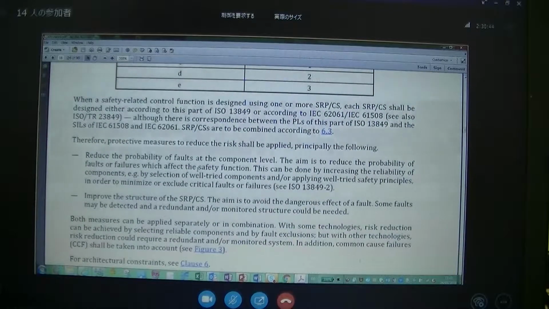So I will show you the difference later. Now there's a rough comparison.